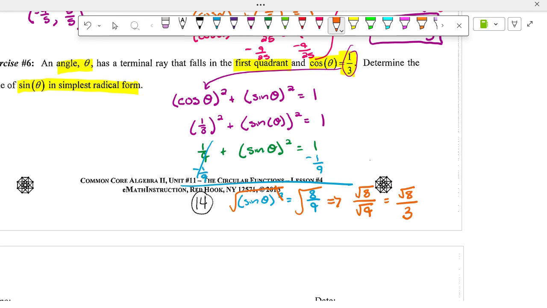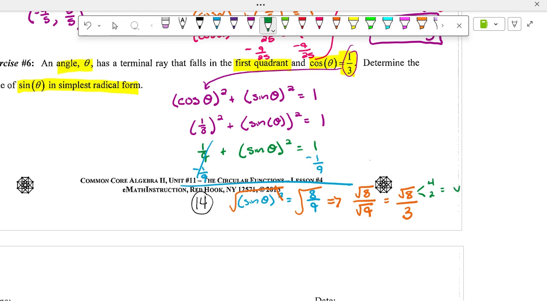Now, if we want to go a step further and actually simplify the square root of 8 radical, let's see if you guys can do it. So we need a perfect square to take out. So what are two factors of 8 where one of them is a perfect square that's not 1? 4 and 2.